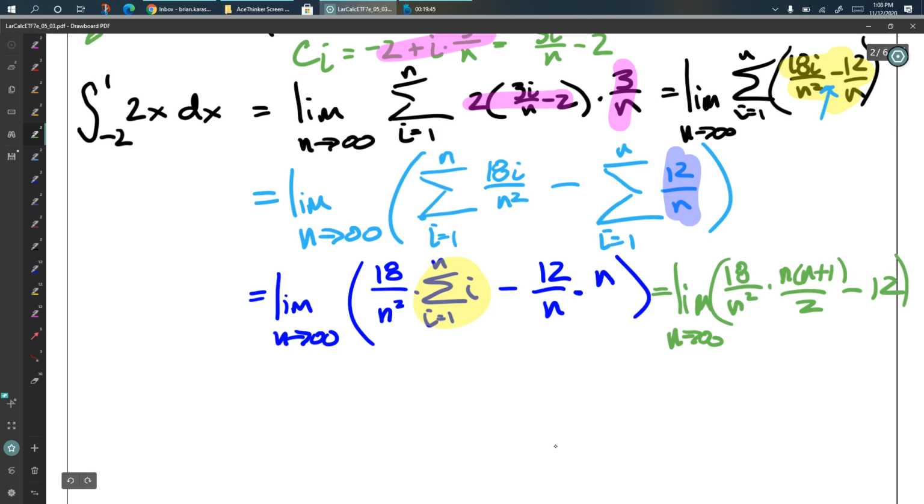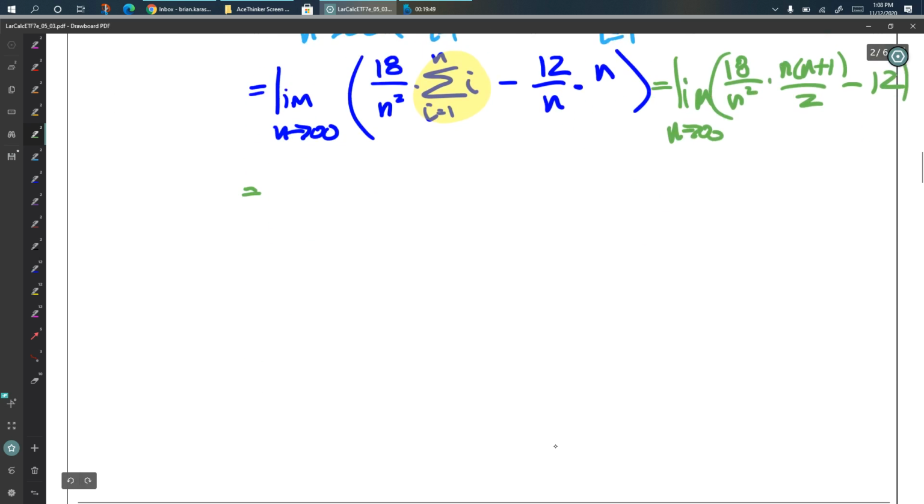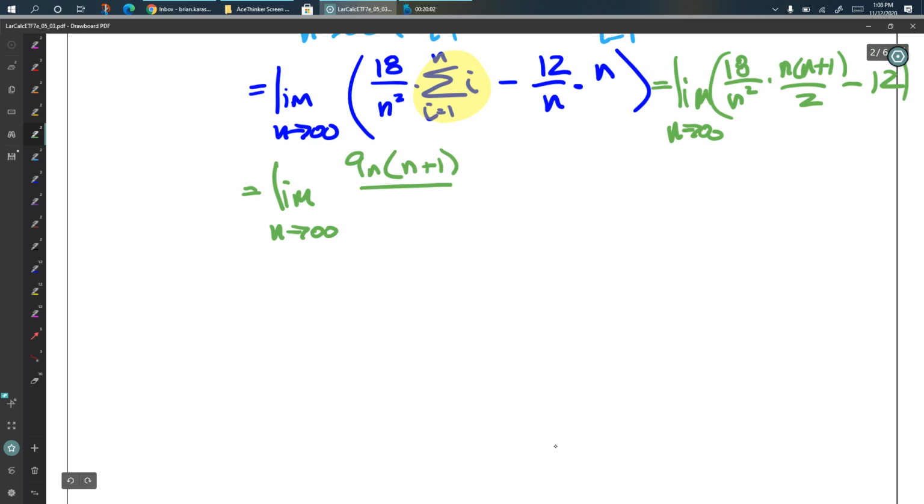This whole thing's in the limit, right? Okay, a little more cleaning up. I've got the limit as n approaches infinity of 9n times n plus 1 over n squared minus 12.